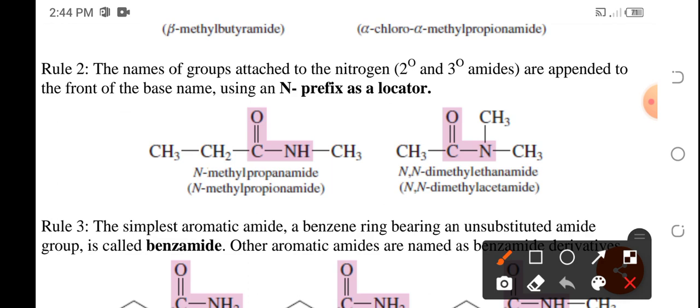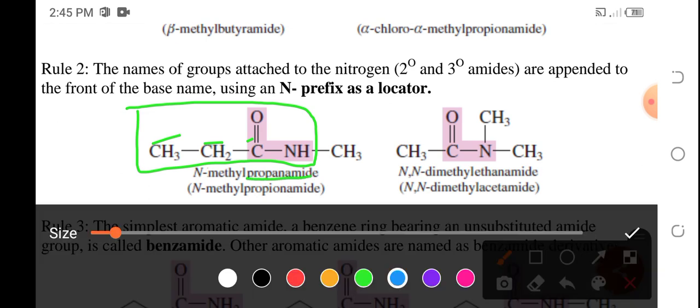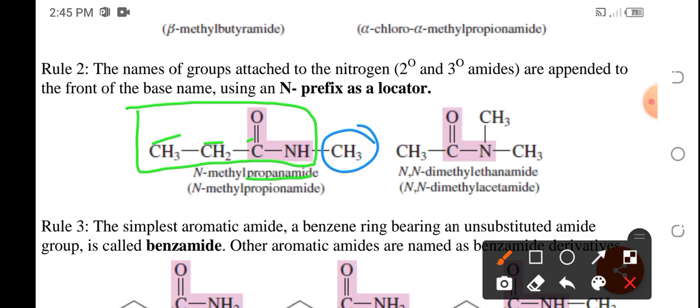Okay, so originally this is our parent chain. It contains the carbon atom that bears the carbonyl and the amino group, and it has 3 carbon atoms, so that is propanamide. However, the substituent is no longer attached to the propanamide carbon atom, rather the substituent is now attached to the nitrogen.